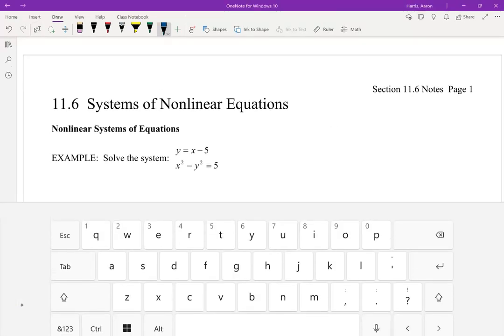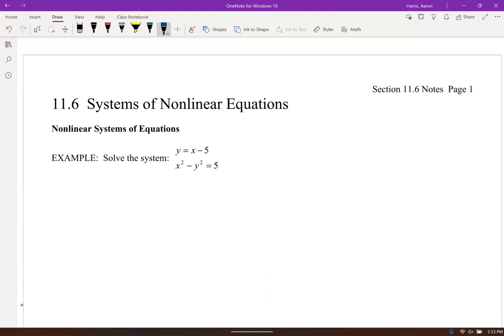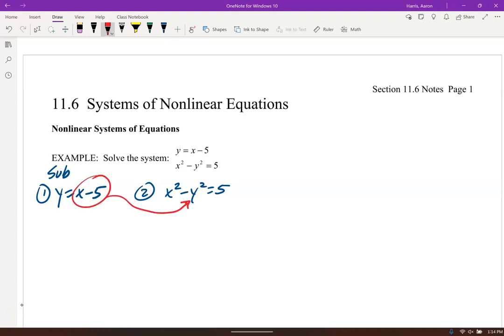So let's take this first one. Notice y is already solved for, so I'm going to use substitution. I have a variable already solved for, and I'm going to plug it into the other one, x squared minus y squared equals 5. So here's my y, that's going to go in right there. Minus y squared equals 5.